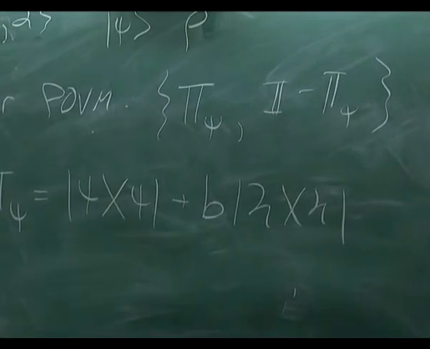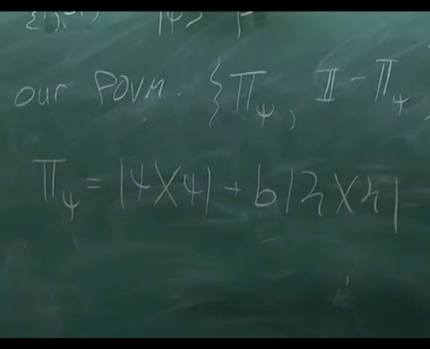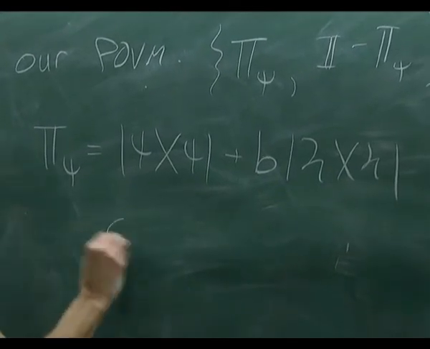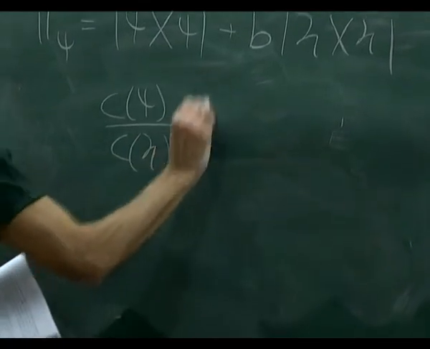Okay, and so for this to be separable, there are two conditions that must hold. I erased them, but one is that the concurrence of psi over the concurrence of eta must be equal to b, and of course this must be less than or equal to 1.